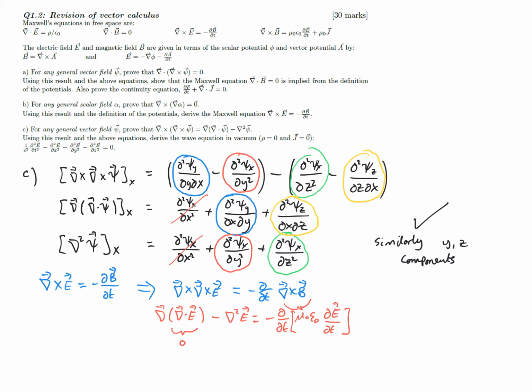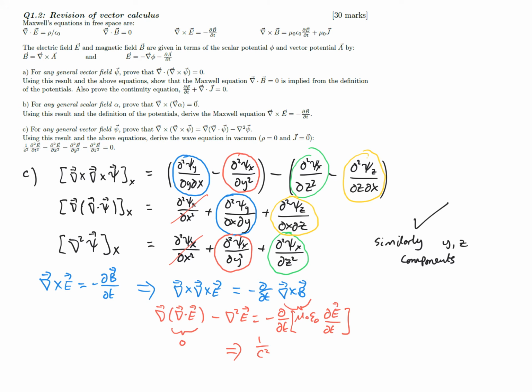Okay, very good. So what do we have in the end? When we put all of that together, we have a mu naught epsilon naught. Now it turns out that we know that mu naught epsilon naught is 1 over c squared, 1 over the speed of light squared.